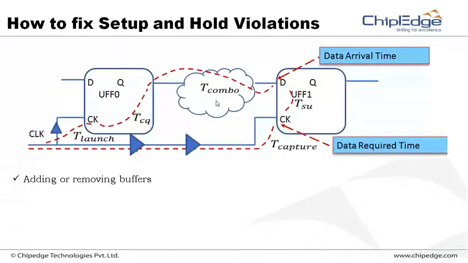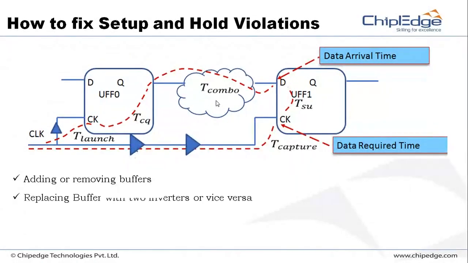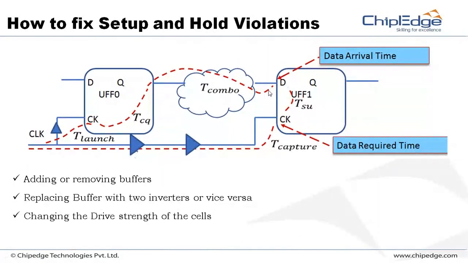See, I told you adding or removing buffers will reduce the timing. Replacing the buffers with two inverters. You know, two inverters means it's a buffer. Inverters connected back to back is a buffer. So we can play around replacing a buffer with inverters. If this buffer can be replaced with two inverters, we can replace it and see the timing calculations. That is one way to do.